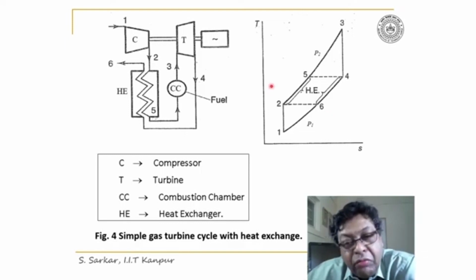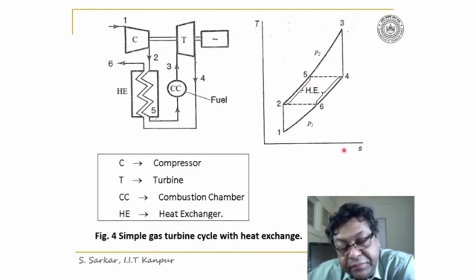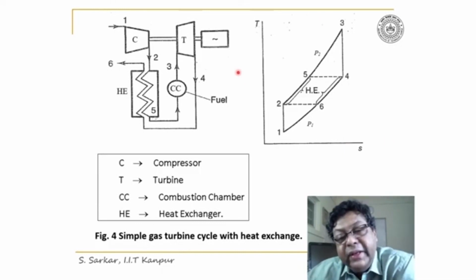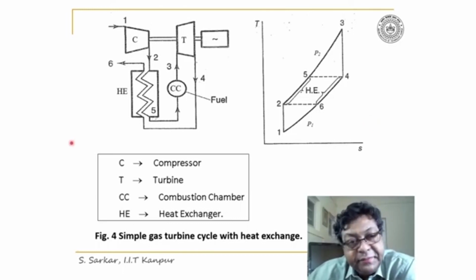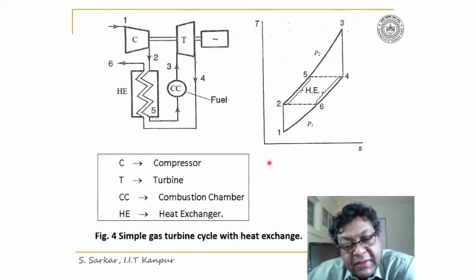So now the heating occurs in the process 5-3 in the combustion chamber. Therefore, heat added to the cycle has decreased, increasing its efficiency. However, the specific work output remains unchanged.